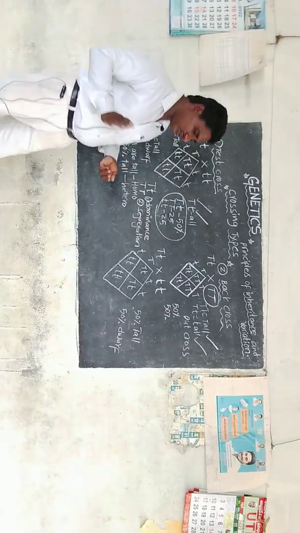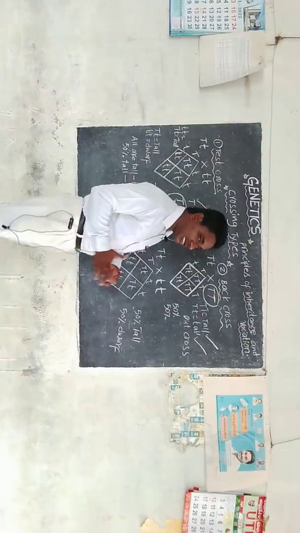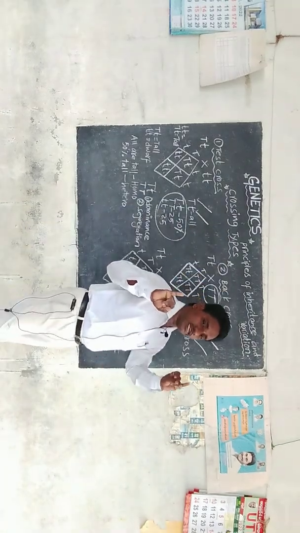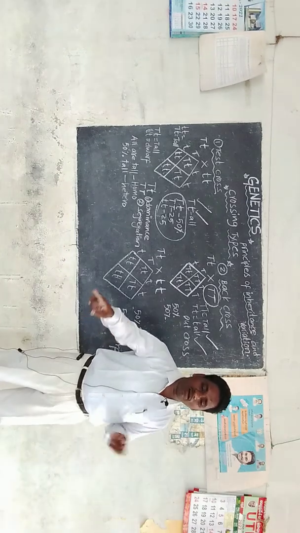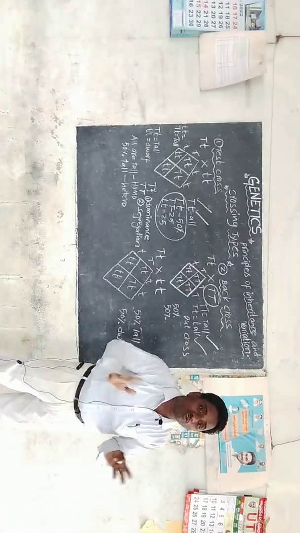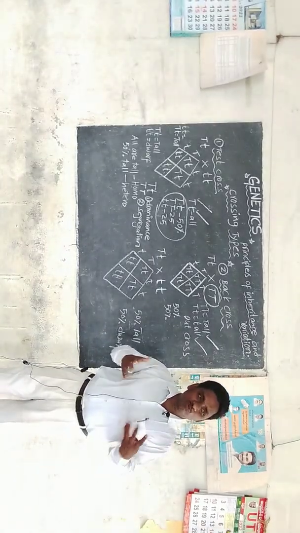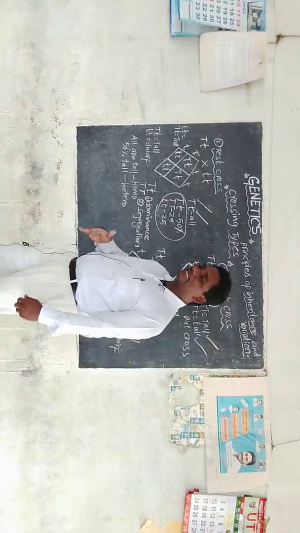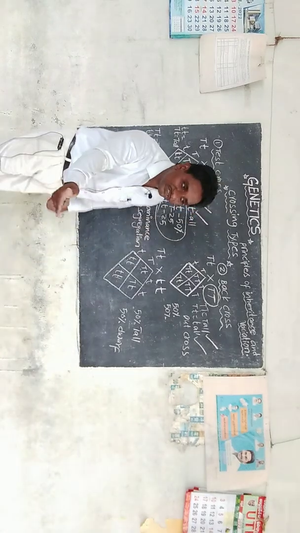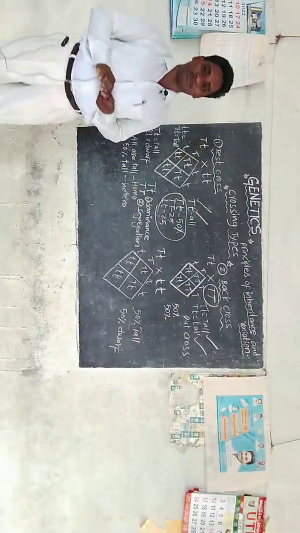For example, if cross fertilization is done between tall plants and dwarf plants, in the first progeny all plants are tall but not dwarf. That means the gene responsible for tallness is dominant over the gene responsible for dwarfness.